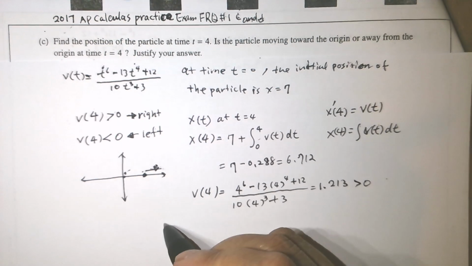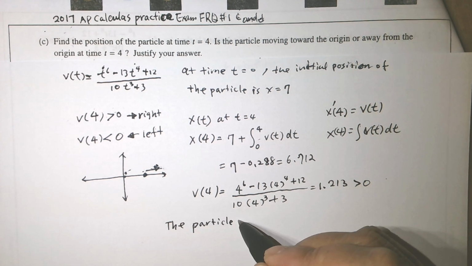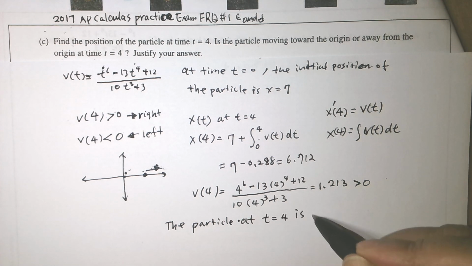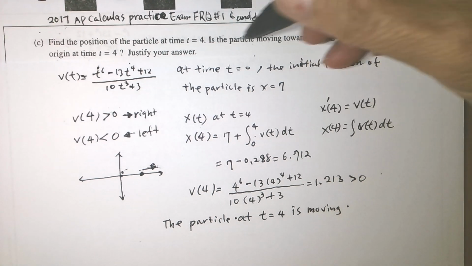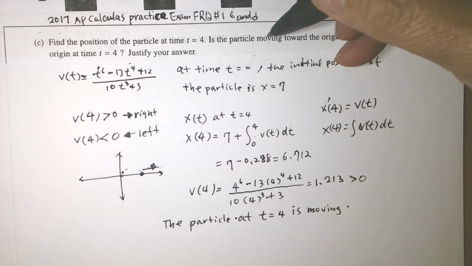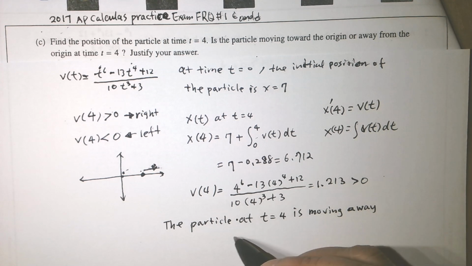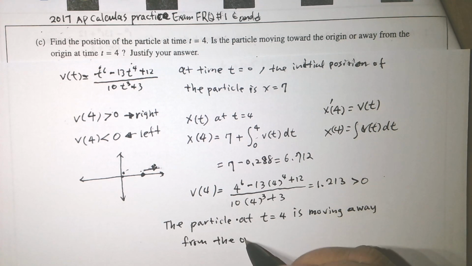You need to write a sentence: the particle at t equal to 4 is moving toward or away from the origin. It's away from the origin.